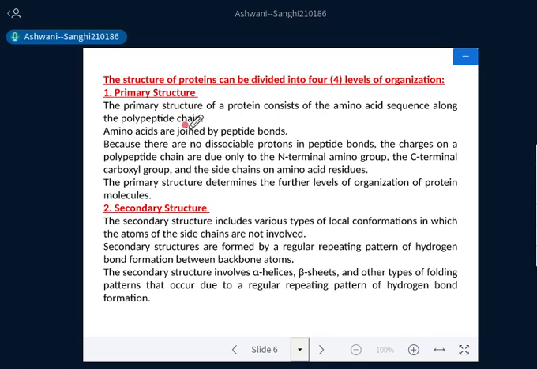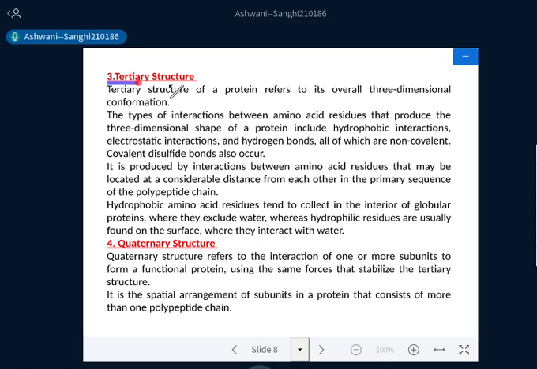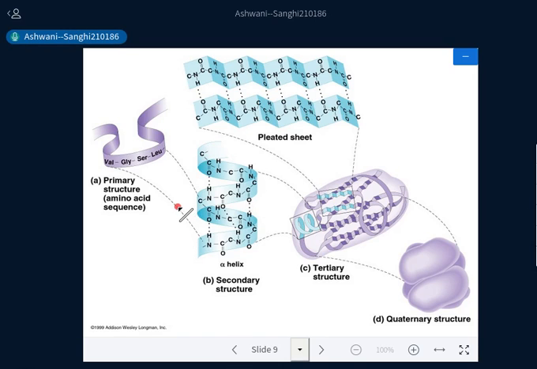Proteins are classified into four types: primary structure, secondary structure, tertiary structure, and quaternary structure.